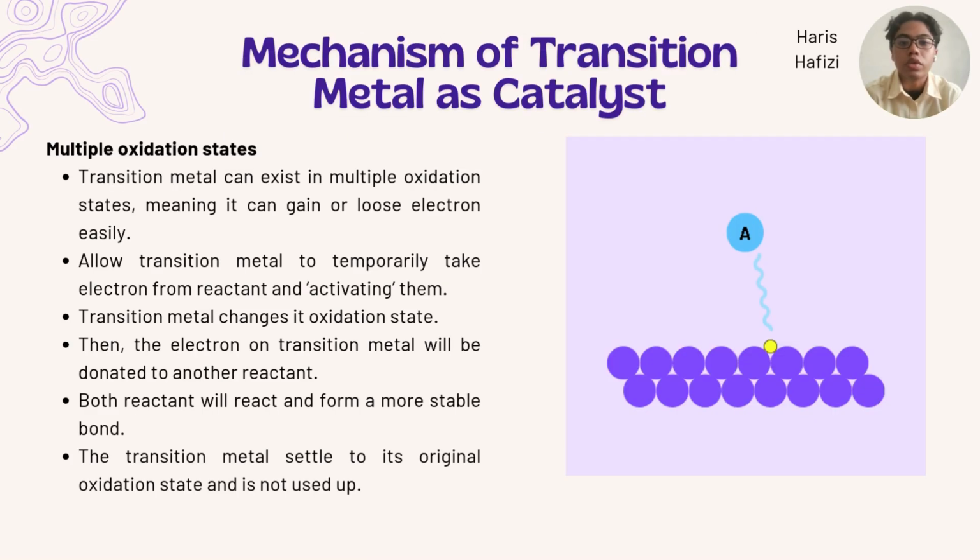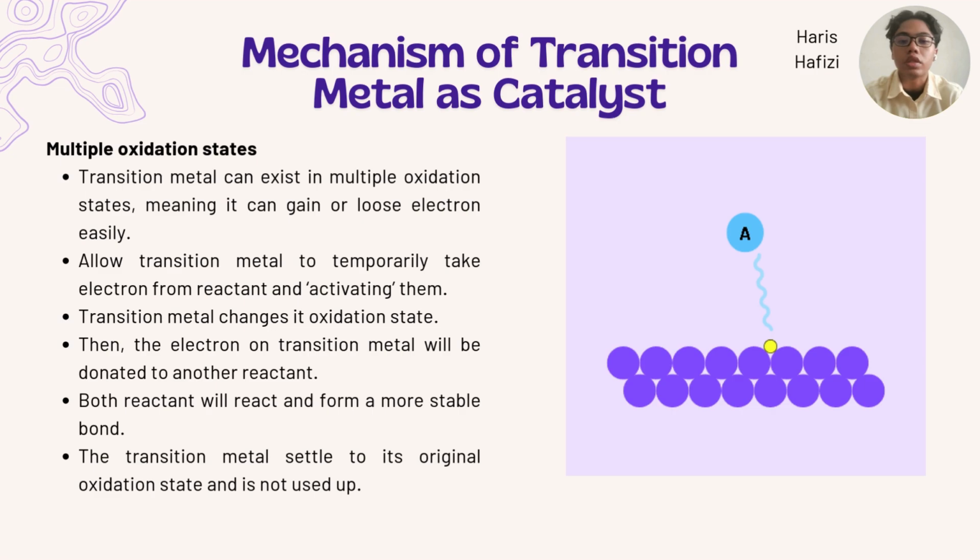So now, let's look into how the properties of transition metals make them suitable as catalysts. First is the multiple oxidation states of the transition metal. Transition metals have multiple oxidation states, meaning they can easily gain or lose electrons.